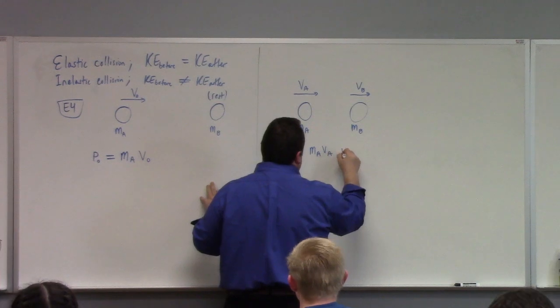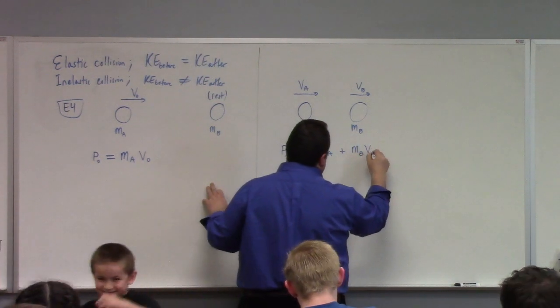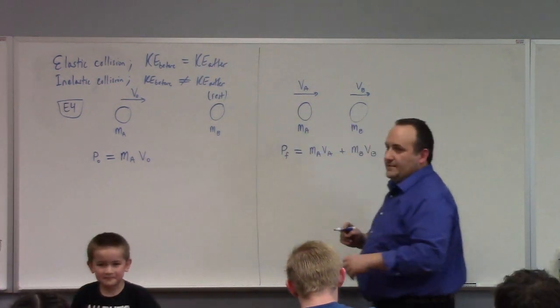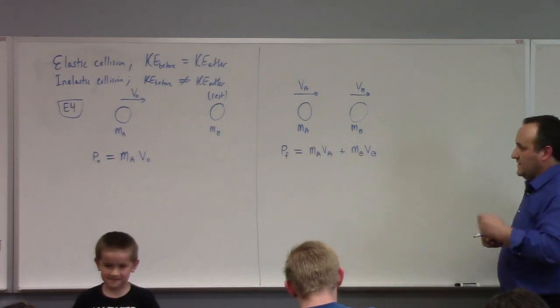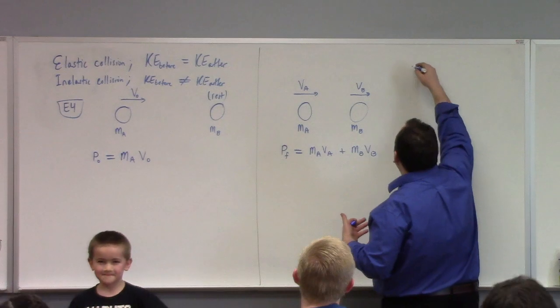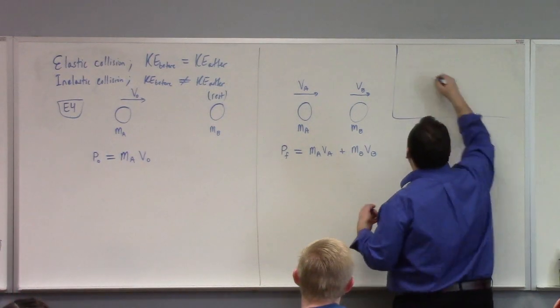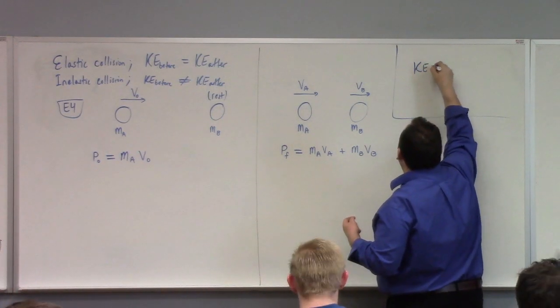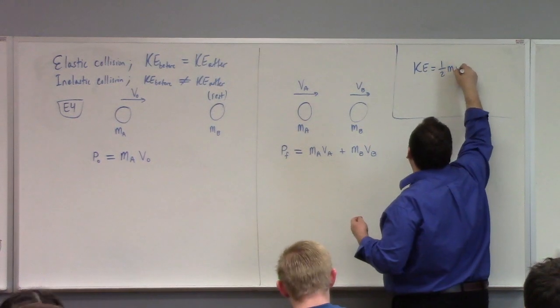PF is equal to MAVA plus MBVB. All right? Another thing I should mention, guys, is we can calculate momentum. I'm not sure this really matters for this problem, but something else to think about. For a single mass, kinetic energy is 1/2 mv squared, right?